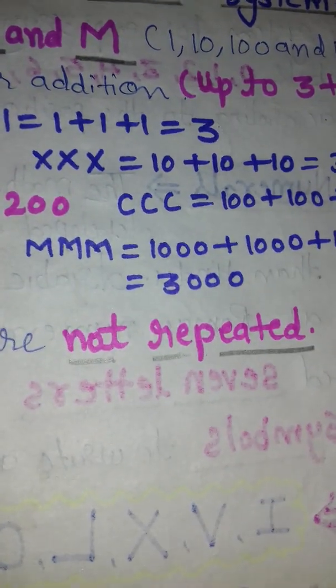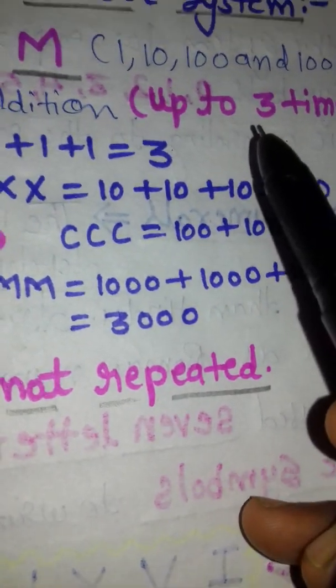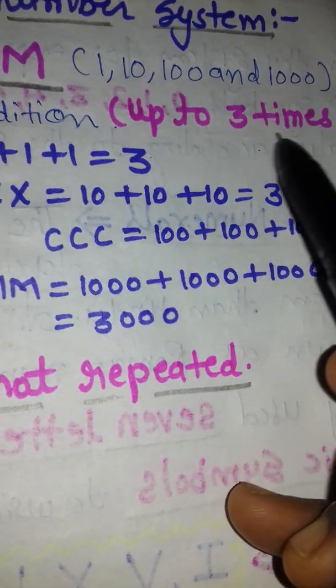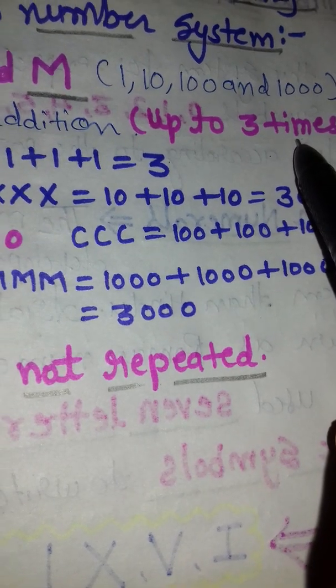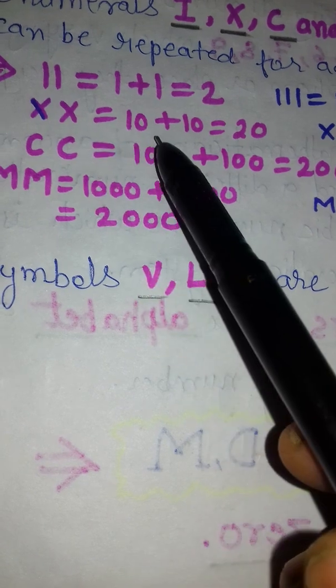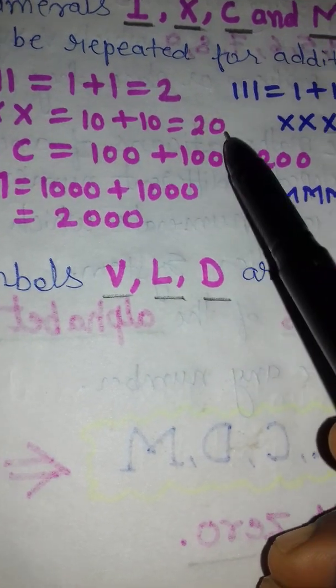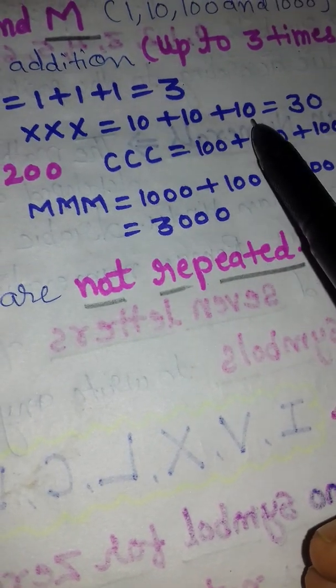But we cannot write it 4 times, because the rule says we can repeat it up to 3 times only. Similarly, XX we can write 2 times: 10 plus 10 is equal to 20. We can write it 3 times: 10 plus 10 plus 10 is equal to 30.